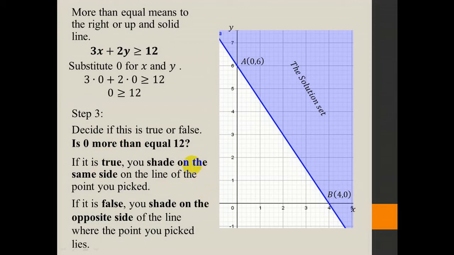If it is false, you shade on the opposite side. If you take the point (0, 0), you should draw on the other side, opposite from (0, 0), everyone.